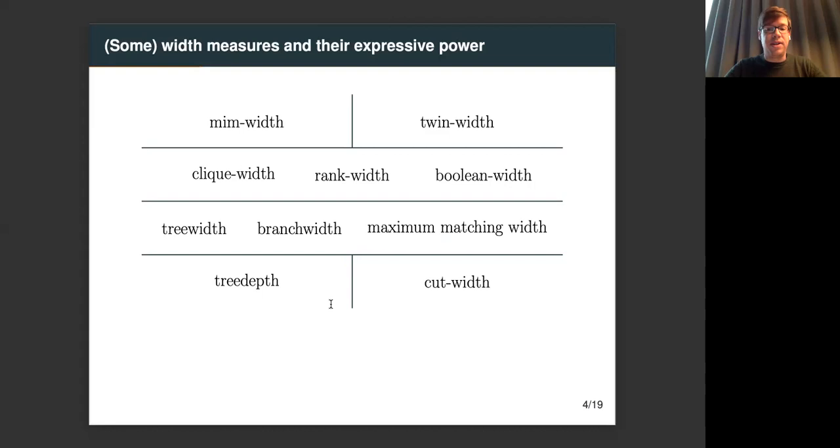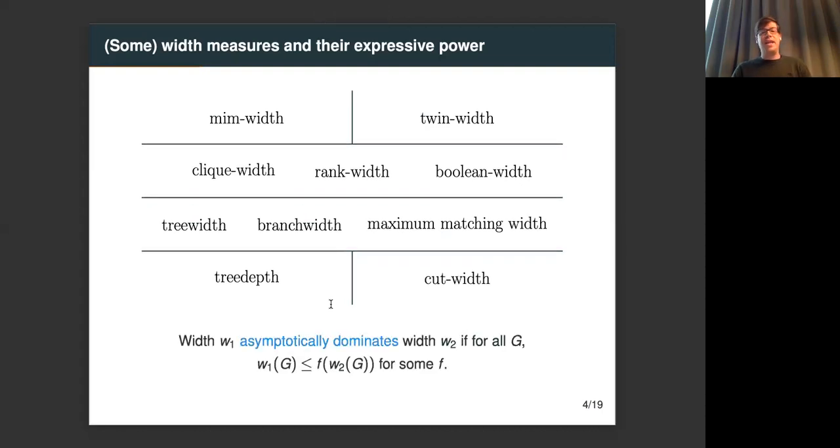This is just an overview of a few of them. And the focus in this talk is that we want to group these measures according to their expressive power, and we will not care about specific values of the width. We just want to know if they're asymptotically the same or not.